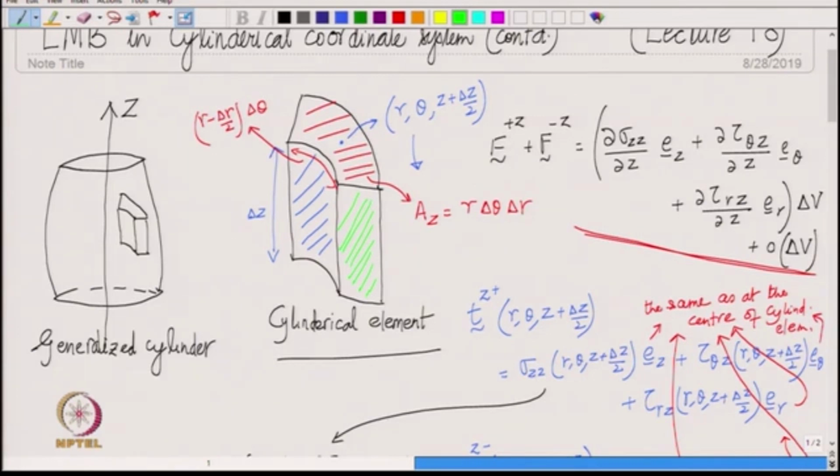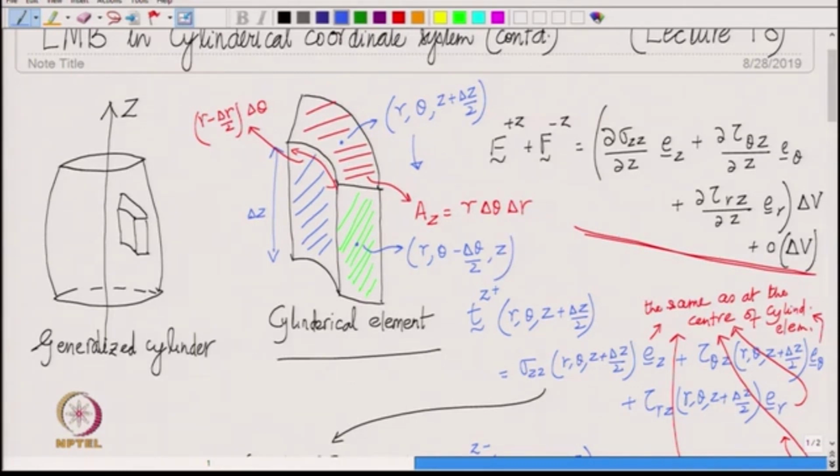So, what is the coordinate of a point at the center of the theta plane? It has the same r coordinate, but the theta coordinate is different, it is theta minus delta theta by 2, and the z coordinate is the same. So, the coordinate change is only in the theta coordinate.